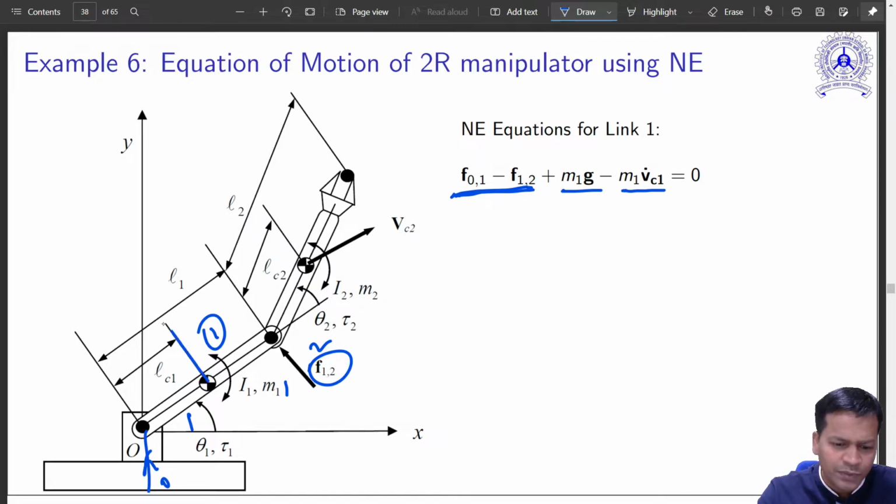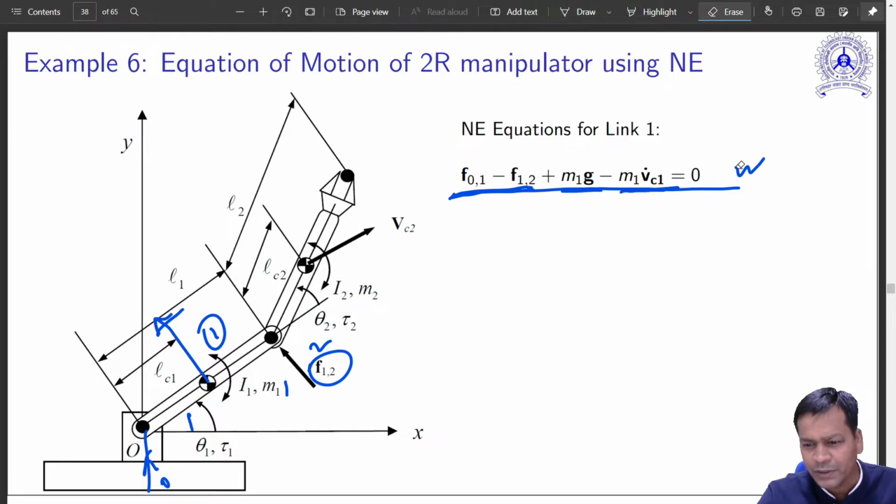If this moves with a certain velocity, and the dot of that is the acceleration of the center of gravity of the first link. So that is the free body diagram and the first equation of motion, the force balance equation.